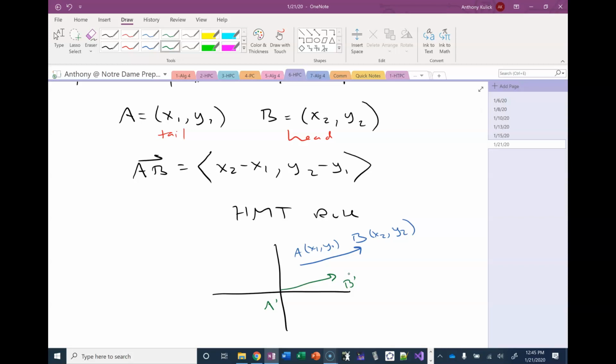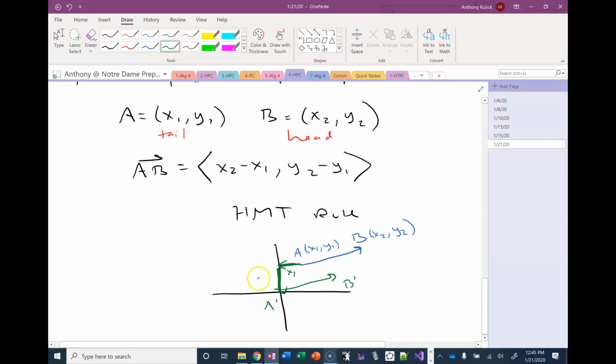Which type of transformation would I do to move that vector to a new location? Do you remember which type of transformation is going to pick up and move an object to a new location? Shift or translation, right? So if I was going to move this vector, how much would I have to move it to the left? x1, right?